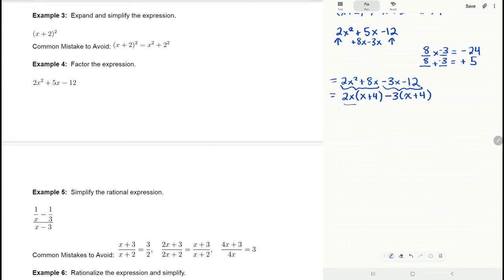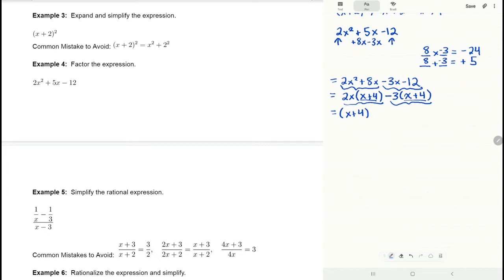So again, we want to look at the first term and the last term. And what we see is a common factor of x plus 4 from both of the two terms. So we can factor out an x plus 4 from both of these terms.